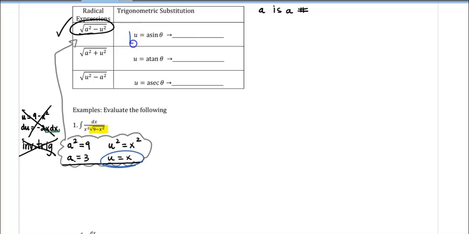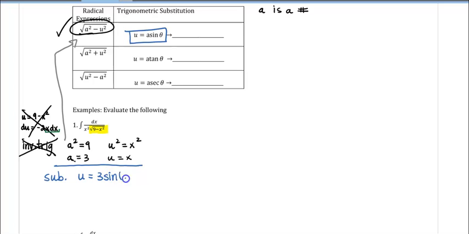So what the substitution tells me to do is to let u equal 3 sine theta. And I put 3 because our a was equal to 3. Well, if u is equal to 3 sine theta, I can see here that u was x when I match this to that form. So I have that x is equal to 3 sine theta.